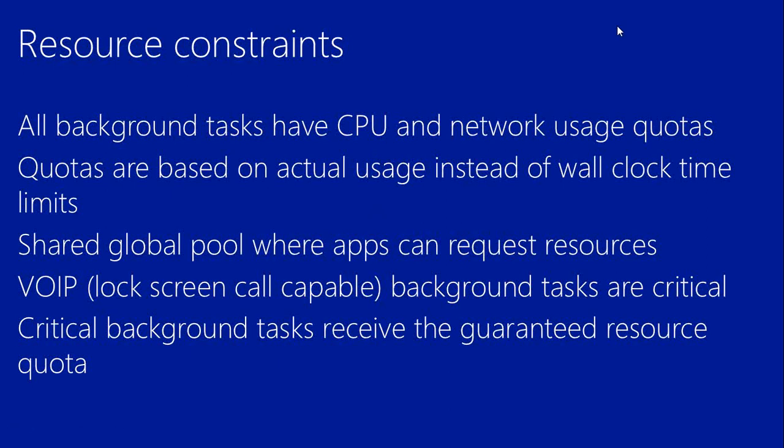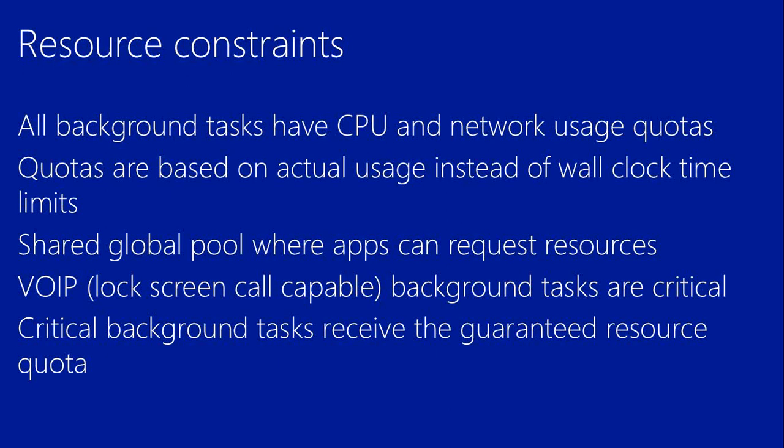Resource constraints. All background tasks have CPU and network usage quotas. Quotas are based on actual usage instead of wall clock time limits. Although wall clock time is a very familiar unit of time that we use, the resource quota given to the background task is based on actual CPU usage.